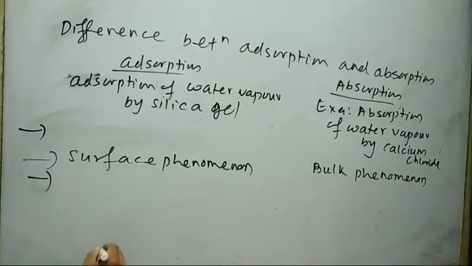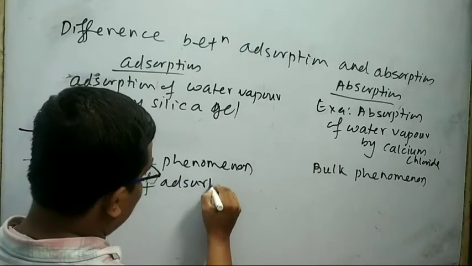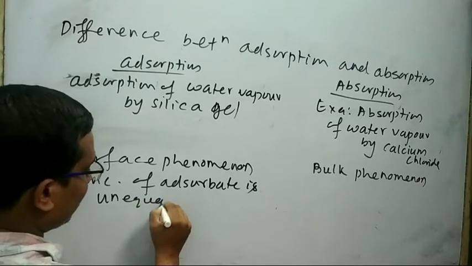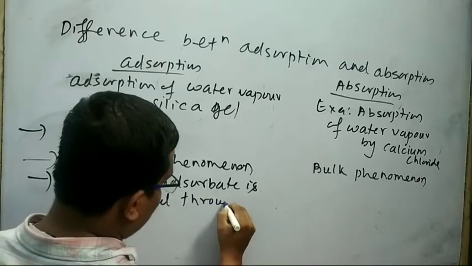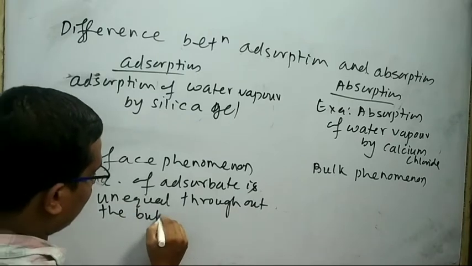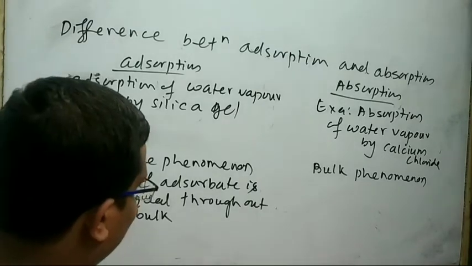In adsorption, the concentration of adsorbate is unequal throughout the bulk. At the beginning, the rate of adsorption is high and then decreases till equilibrium is attained.